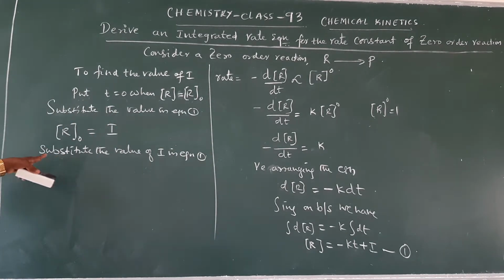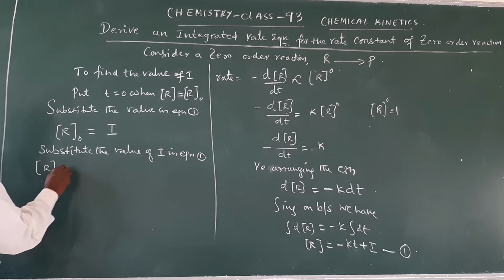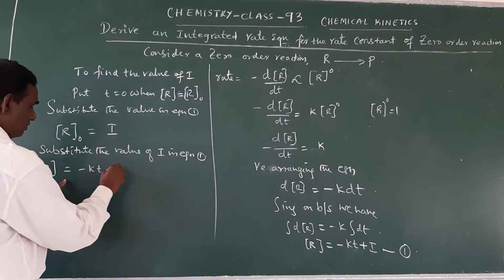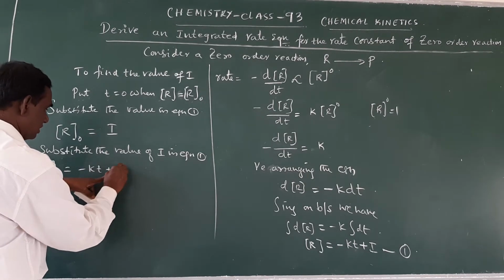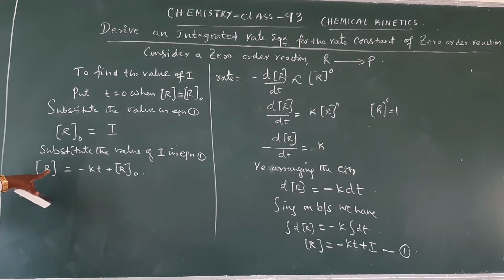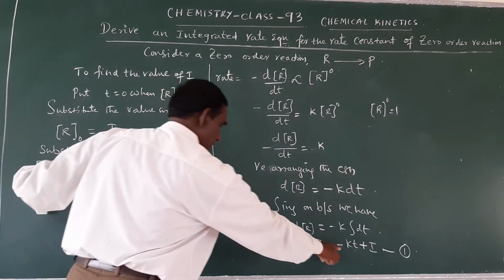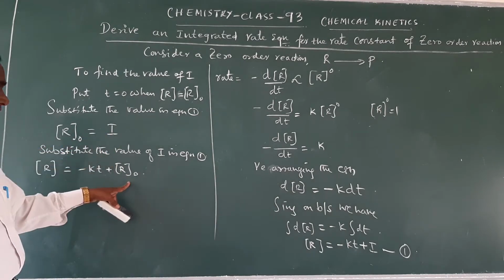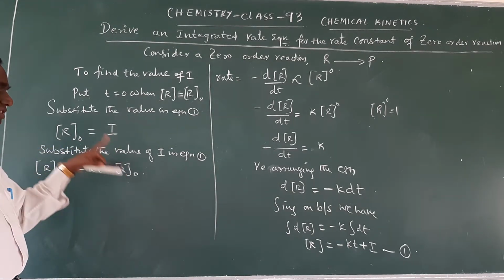Equation 1 becomes concentration of R is equal to minus kt plus I, where I is equal to R naught. So R is equal to minus kt plus R naught.